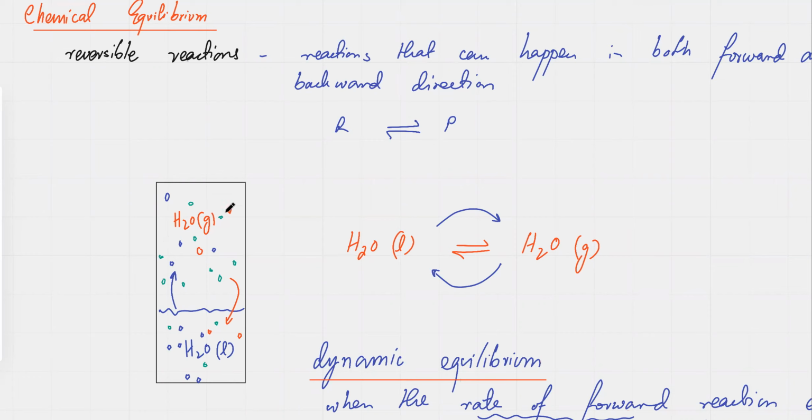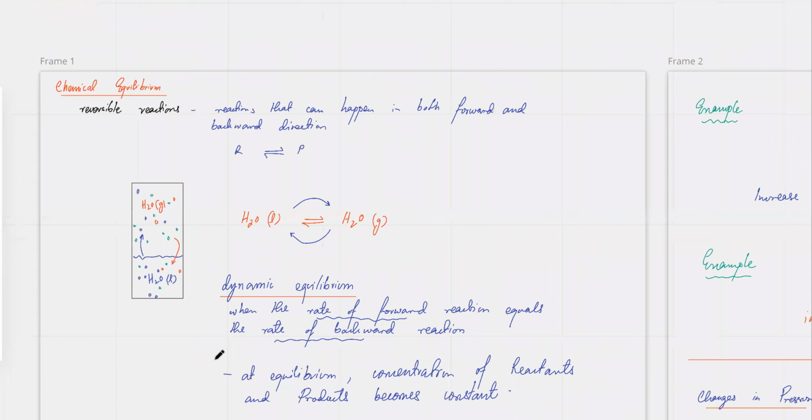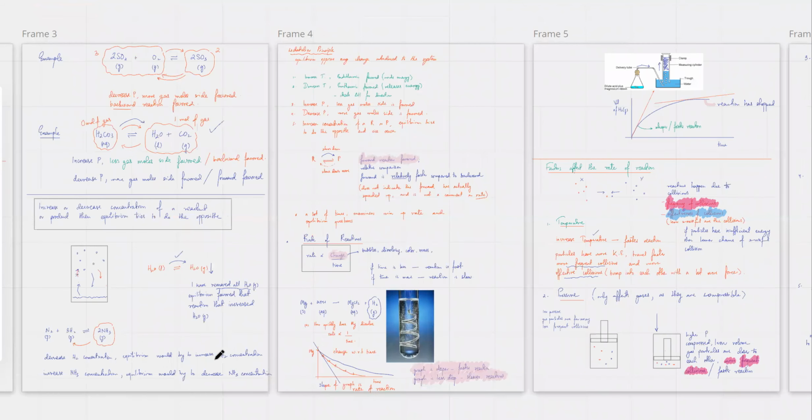If 10 molecules evaporate and 10 molecules condense back, the net result is the amount of water vapor remains constant. So all the water is not able to evaporate, because it's constantly condensing back again. Something similar happens with this one.